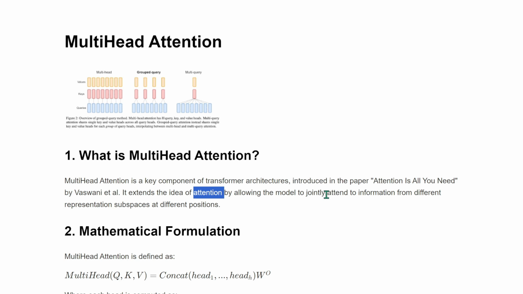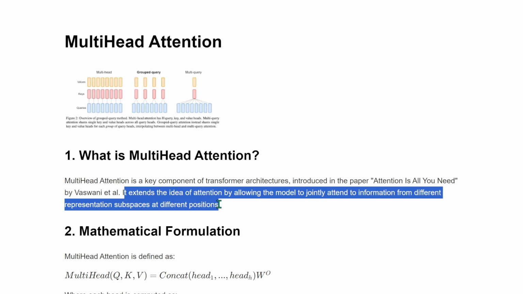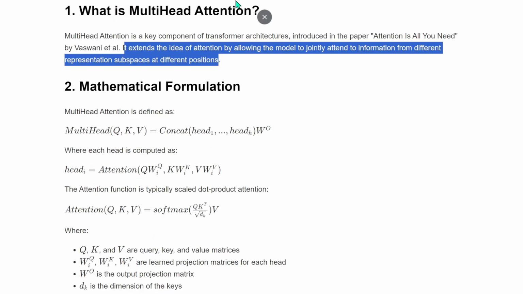So what it means is that in multi-head attention, instead of focusing on one aspect, we split it into multiple heads and then focus on multiple aspects. Here we use multiple heads to focus on multiple positions and multiple information relationships. That is the core idea of multi-head attention.